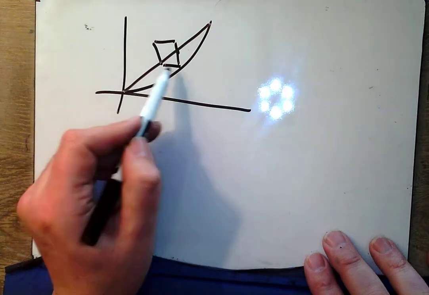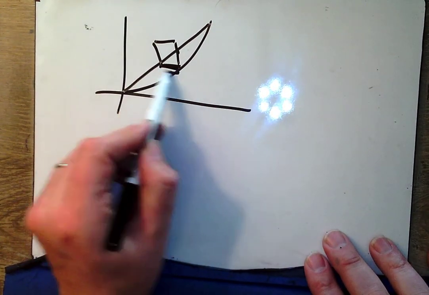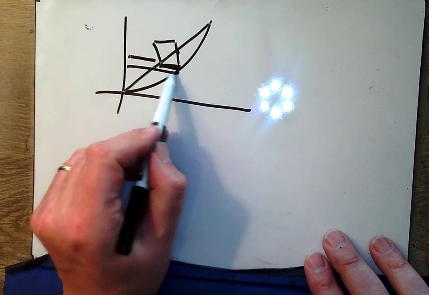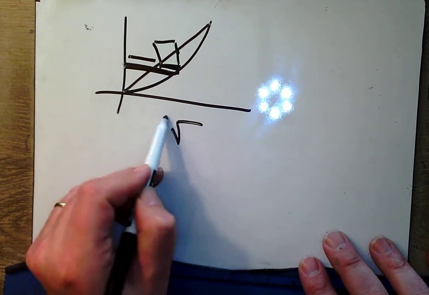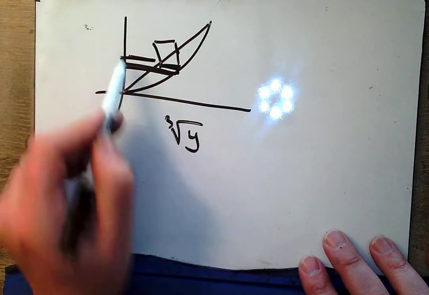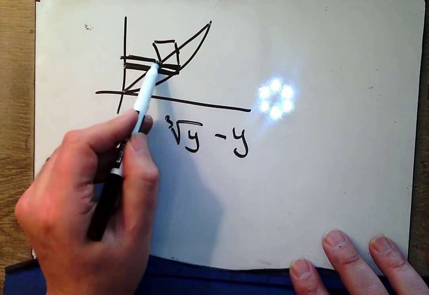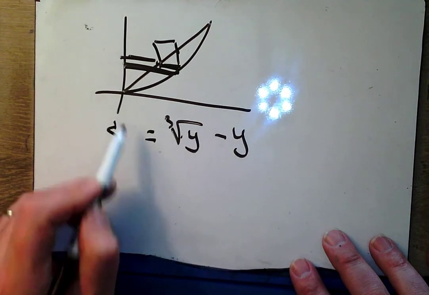Right. So this is going to be this x value minus this x value. Well, we already know that that one is cube root of y. Cube root of y. But this one is y. I'm using right minus left to tell me what the side length is.